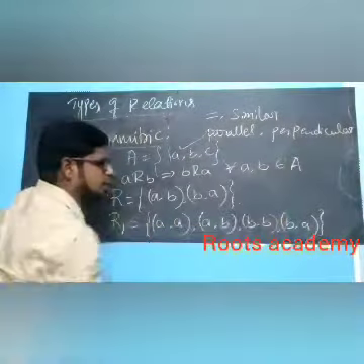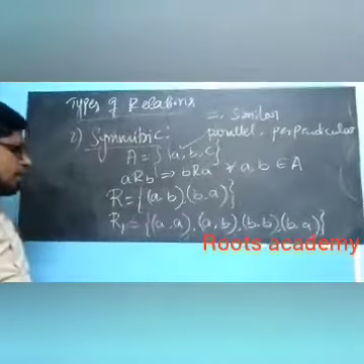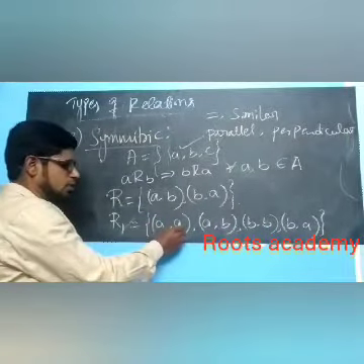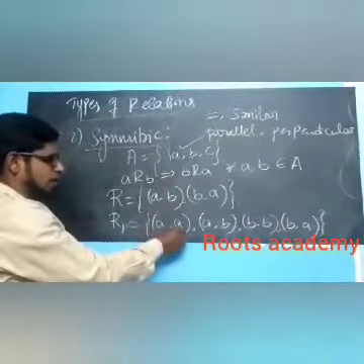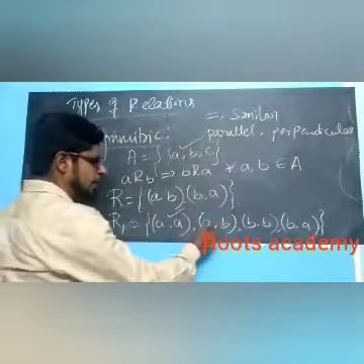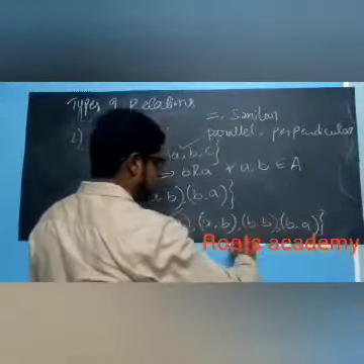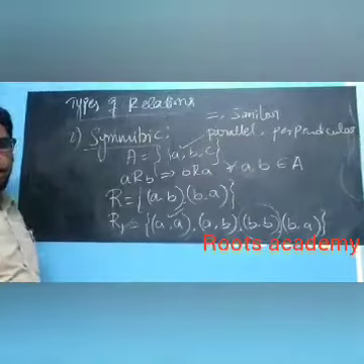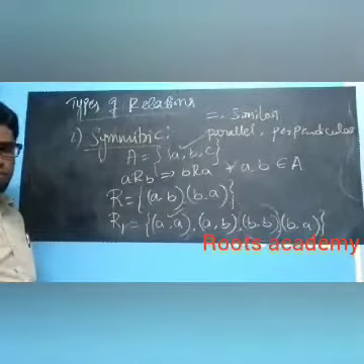Since we are discussing sets, this is all about elements of the set, and in a set we cannot repeat the elements. So once (a, a) is written, it is not necessary to write it one more time. So the symmetry of (a, a) is itself, so its symmetry exists. Then (a, b), its symmetry is (b, a), and (b, a) exists. Then (b, b) is its own symmetry. So yes, it is a symmetric relation. This is a simple example of a symmetric relation.